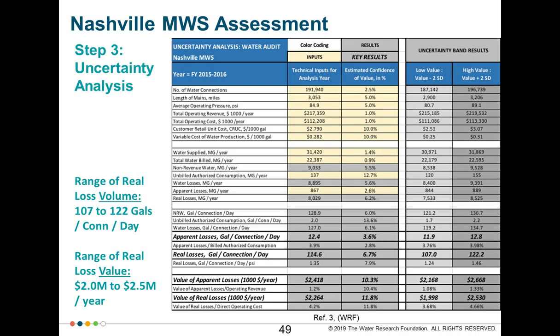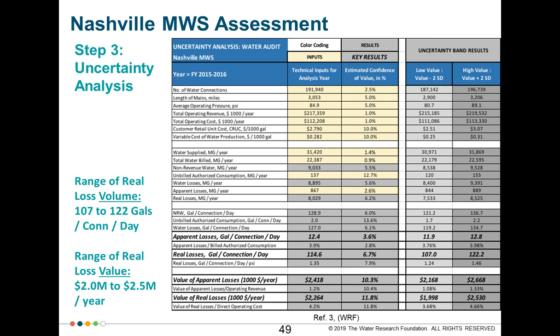But it is important, in my opinion, that people understand the accuracy, or on the other side of the coin, the uncertainty associated with the top-down audit. This is a method that, as Gary mentioned, has been used by IWA and others in the States to estimate the error band or the confidence interval on the results of a top-down audit, either the apparent loss or the real loss.